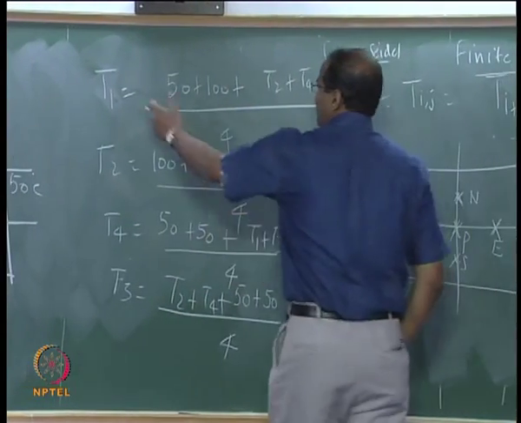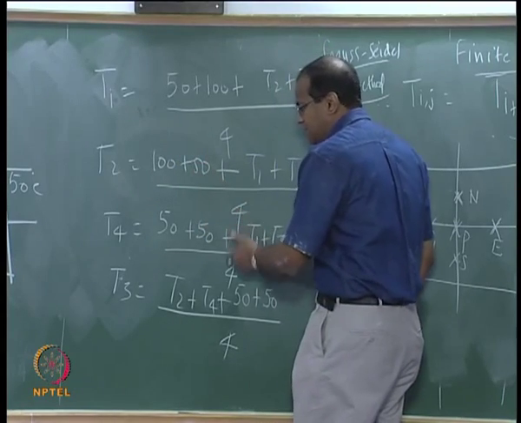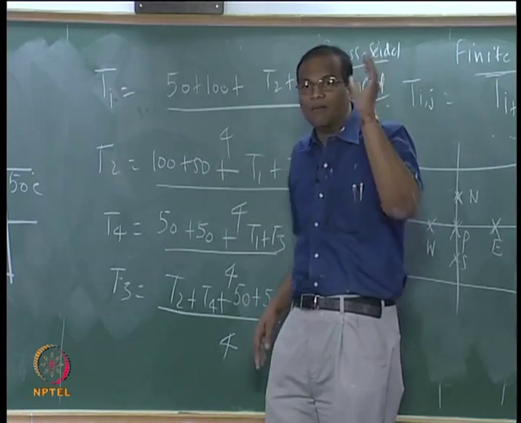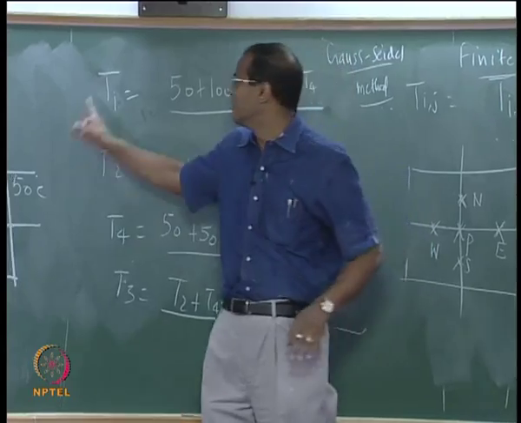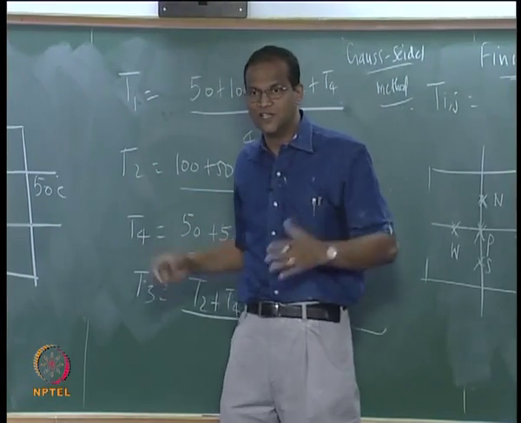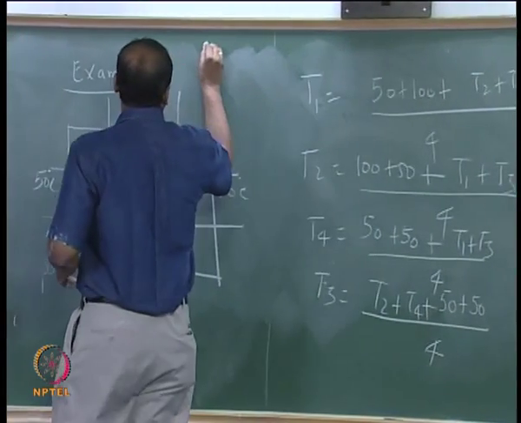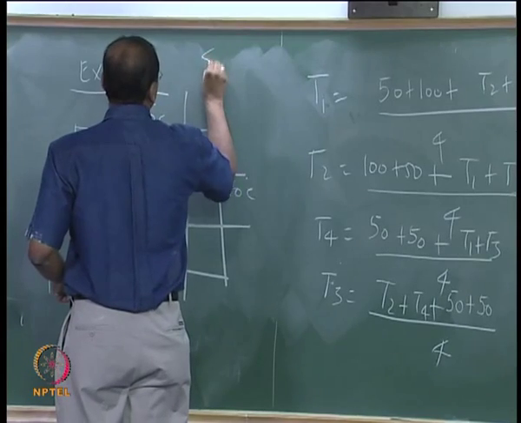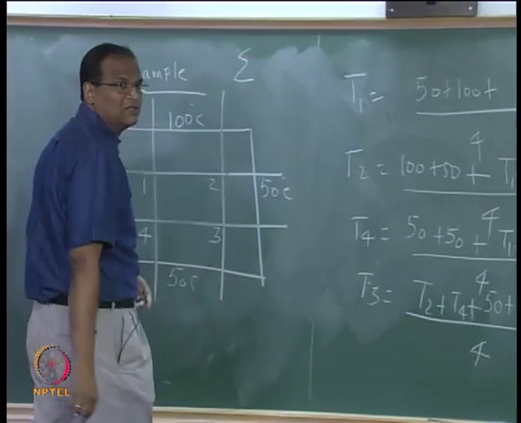Then you will get T1 and T2, get the latest updates, and at the end of the first iteration, compared to your original assumption, find out how much T1, T2, T3, T4 have changed. So you can put a criterion as sigma.